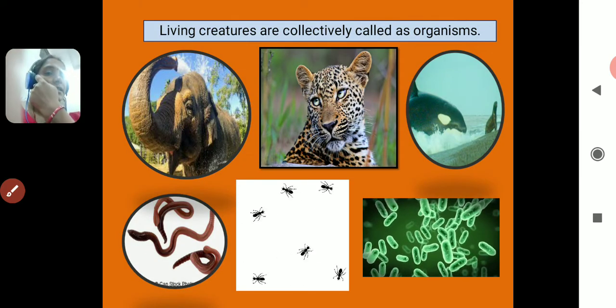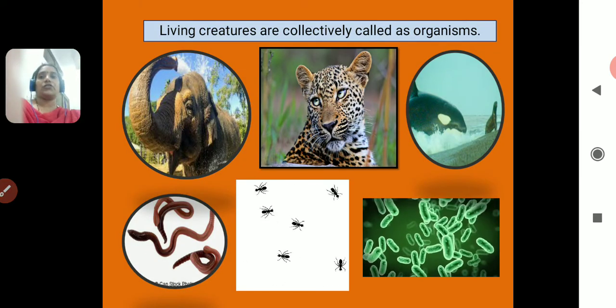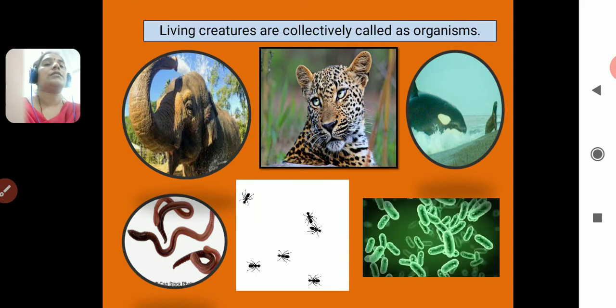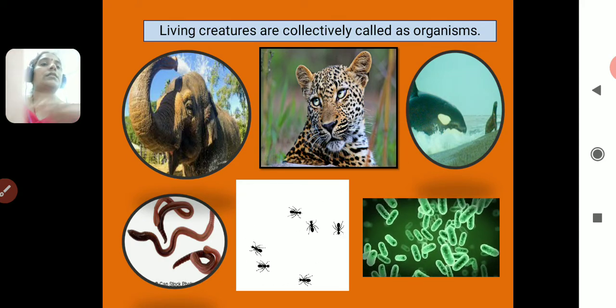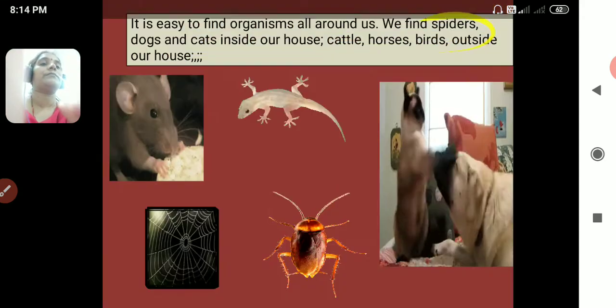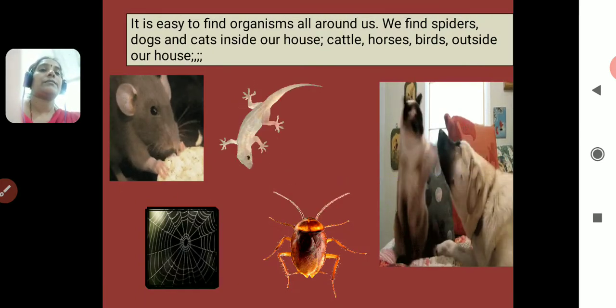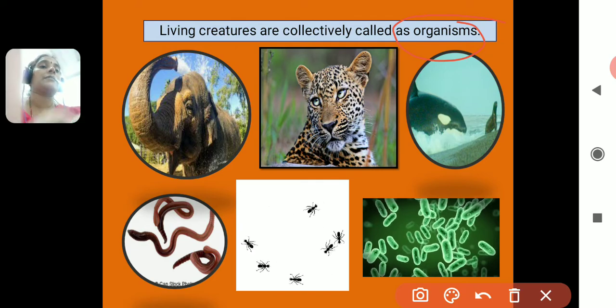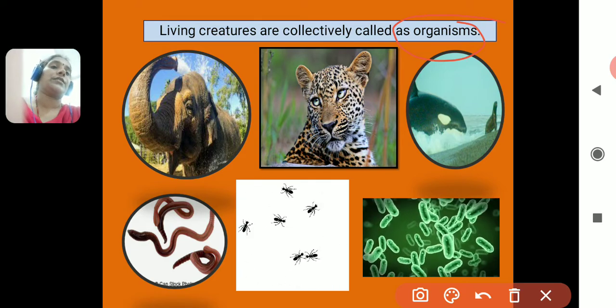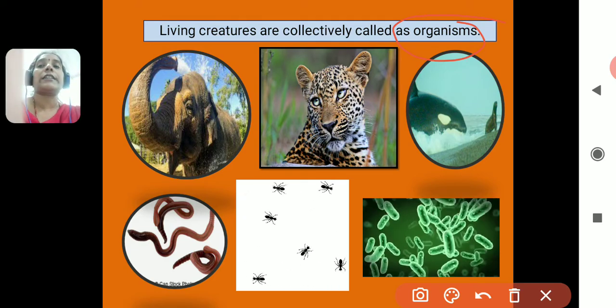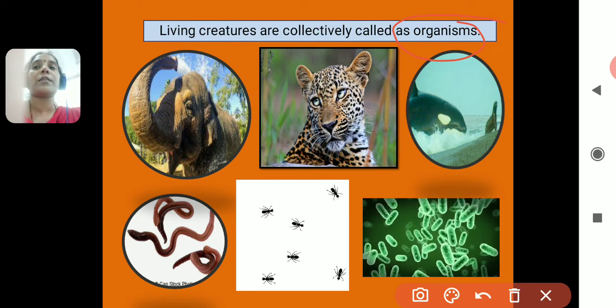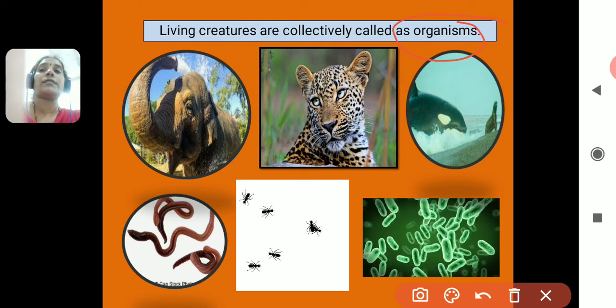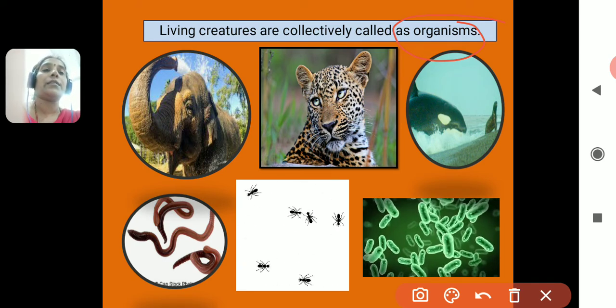Now, students, observe these pictures. If we discuss the term organism, what does it mean, students? The term organism speaks about the huge variety of animals.